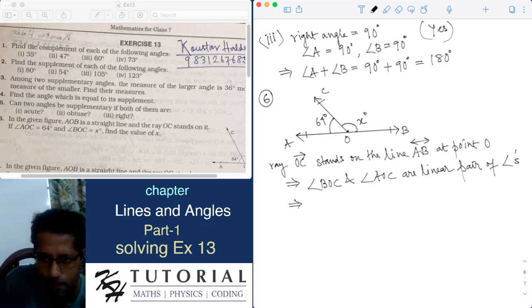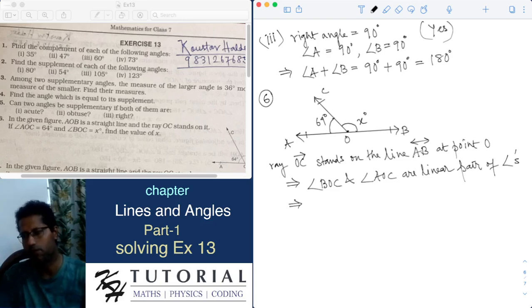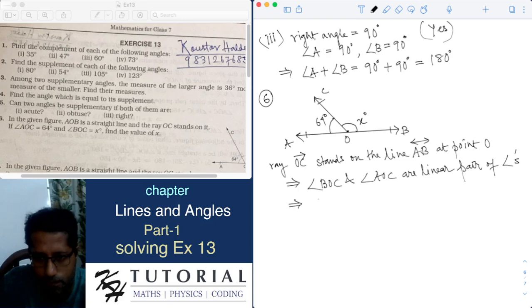The sum of a linear pair of angles is always 180 degree. So we must have angle BOC plus angle AOC equals 180 degree. Angle BOC is given to be x degree and angle AOC is given to be 64 degree. This is equal to 180 degree.